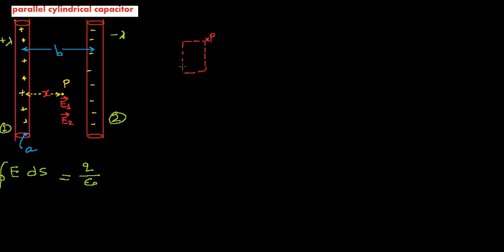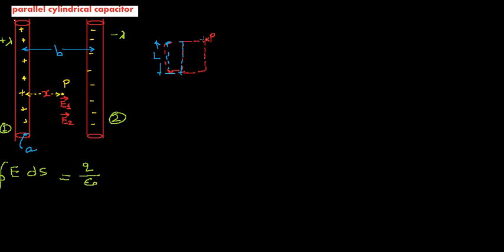Here we have a cylindrical wire of length L, with charge per unit length lambda, and this one is your Gaussian surface.